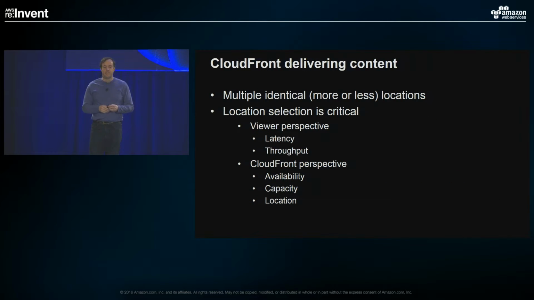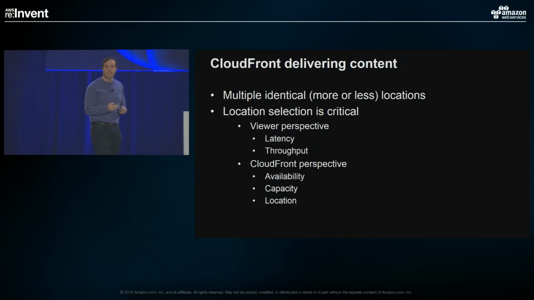Each of these locations is more or less identical, and the idea behind a CDN is that the location that you pick is relevant from a performance standpoint, but it's not relevant from a content standpoint. Whichever location you pick, you want to pick the one that provides you with the best performance, but they all look the same in terms of the services and the content that they provide.